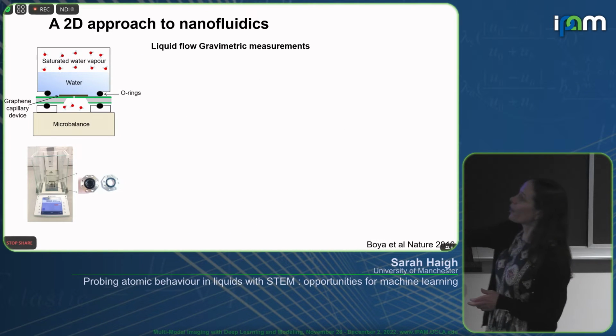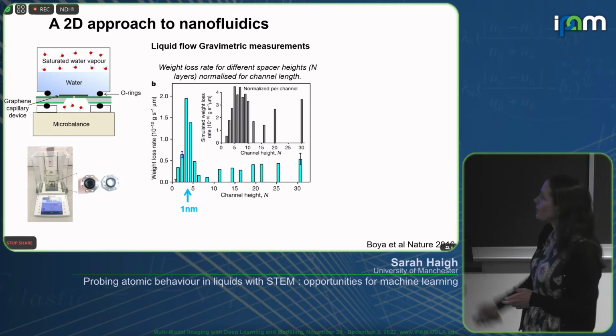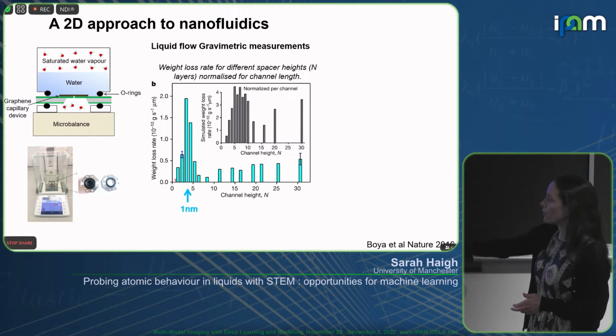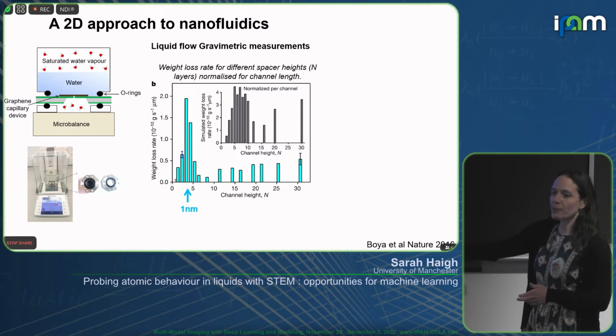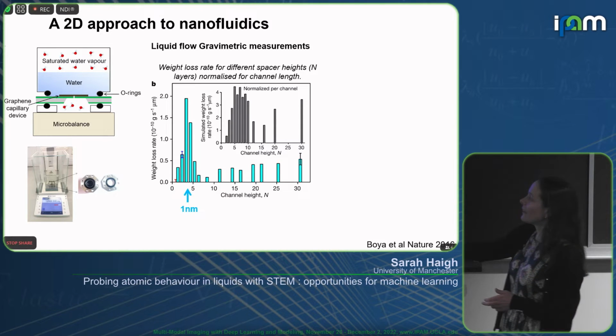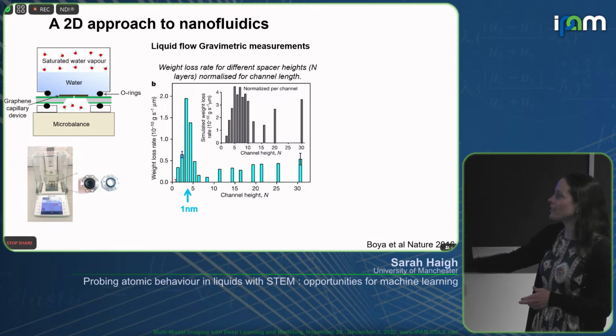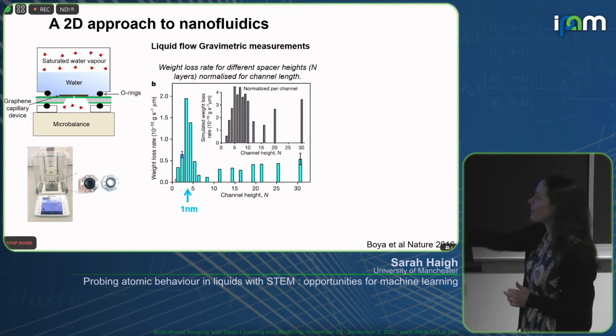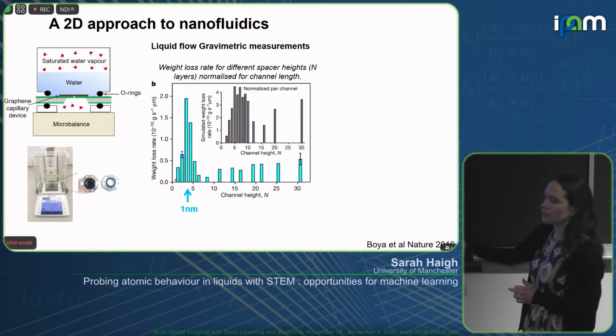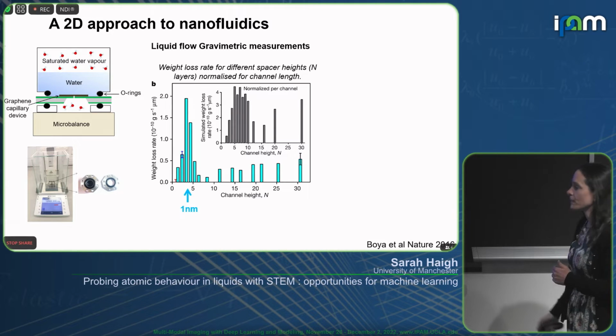When you look at the flow of the liquid out through these channels, and you plot that as a function of the channel height, so that's n number of layers, which means that this is 1 nanometer height here, you can see that there is a vastly increased flow rate when you have a height of just 1 nanometer, and then again it starts to go up to the bulk as you start getting it out to 5 and then 10 nanometers.